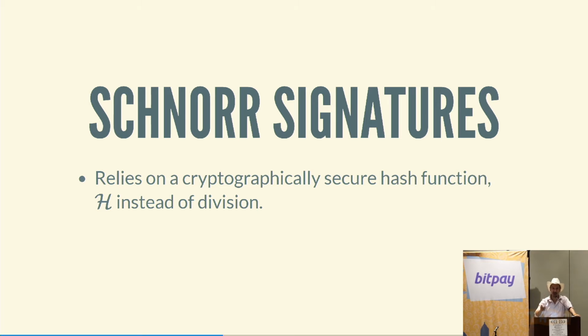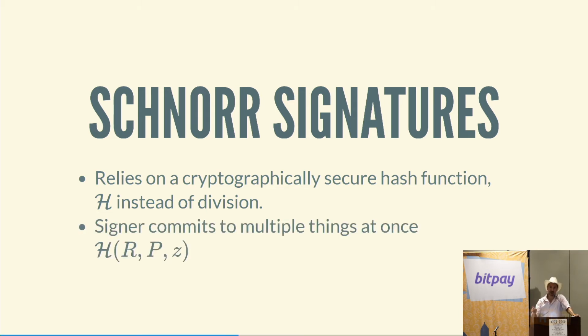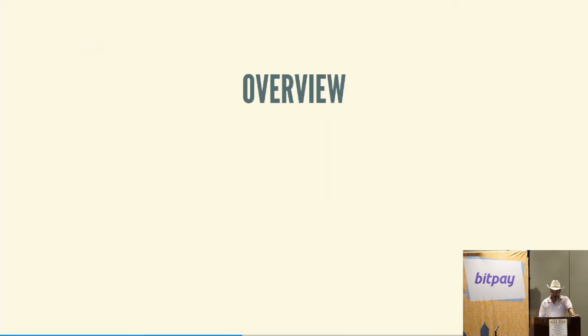It's very difficult to find a hash that goes to a certain value. And the signer can commit to multiple things at once just by hashing them together. You can hash multiple things, serialize them, and add them together, and that commits you to those values because you can't find the hash pre-image. That's the key.